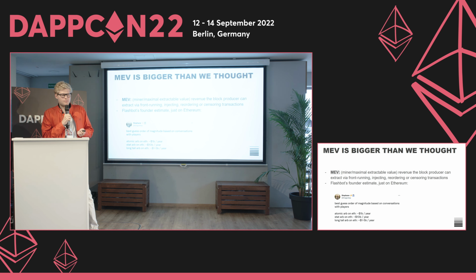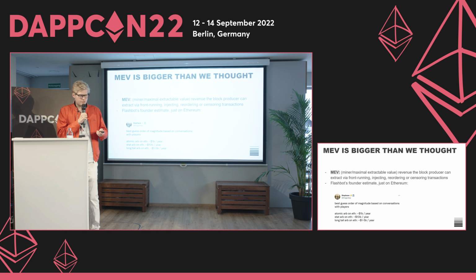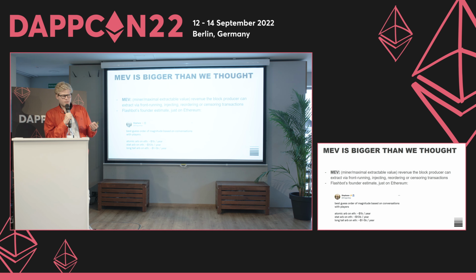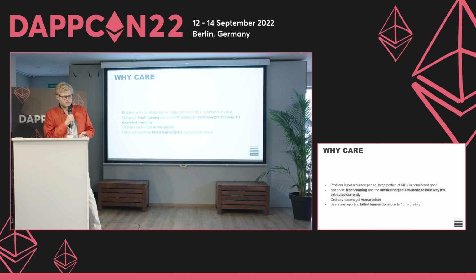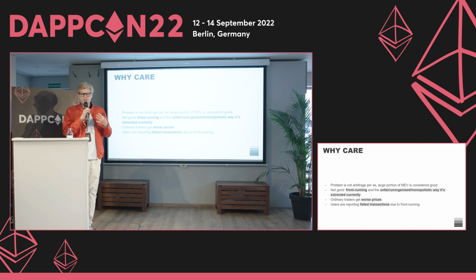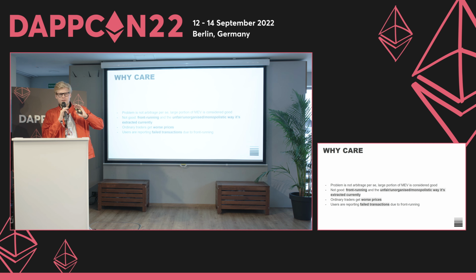And then for MEV, quoting Stefan, who we just heard, which is great: it's big. There's a lot of MEV already. I don't think I have to define it because he talked about it. We're looking at MEV, and basically we're focusing on a subset of MEV.